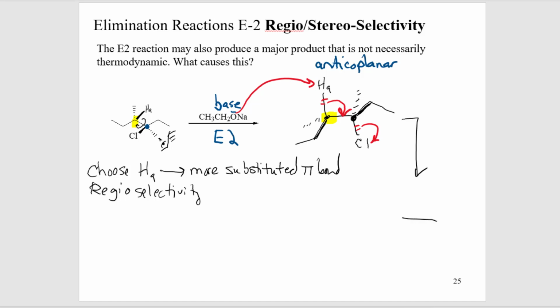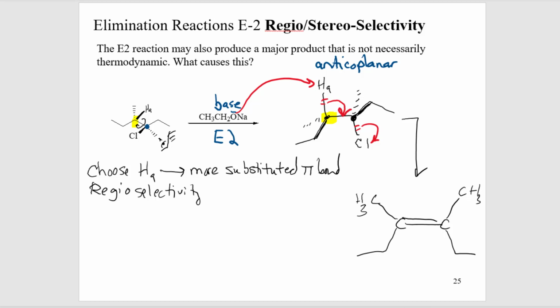And here is the double bond, the carbon-carbon double bond that I make. Notice the relationship between the ethyls. They're both in the front. And those methyls are both in the back. Technically, this is a cis double bond. Both ethyls, the bigger group, are on the same side, causing more steric hindrance.